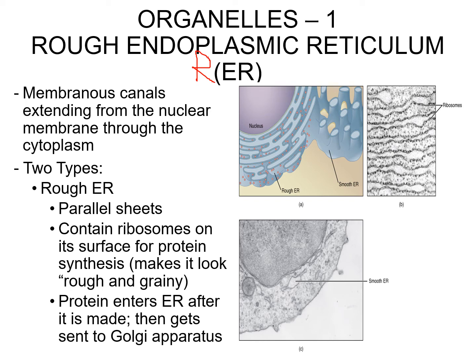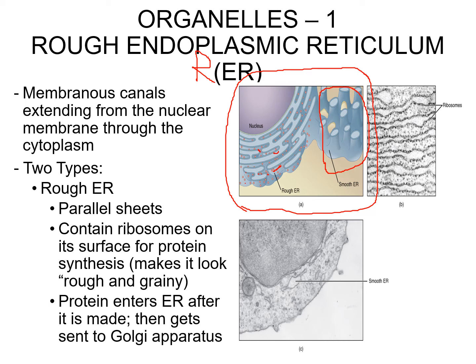And if you take a look at this first picture in the top left that I'm circling in red, you can see a subtle difference. The rough ER has these red dots all over it, and the smooth ER is clean, does not have the red dots. So they are a little different in what they look like, and therefore they're going to have a different function, right?